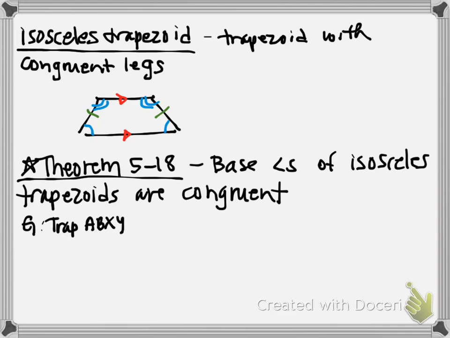Because we want it to start with it being an isosceles trapezoid, we have to either say it's an isosceles trap or be specific about what the two congruent sides are. The way that the book wrote it, they wrote it with the two congruent sides: segment BX congruent to segment AY.